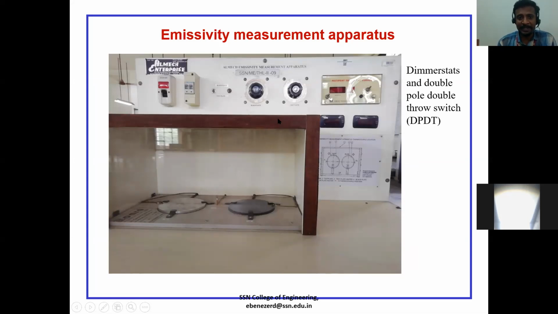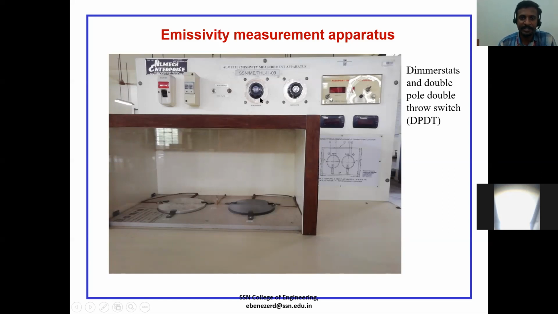Once we know the temperature and the amount of energy given, from those two we can apply the formula and directly find out the emissivity of an unknown object, by equating these two. We will tell you in the next slide.